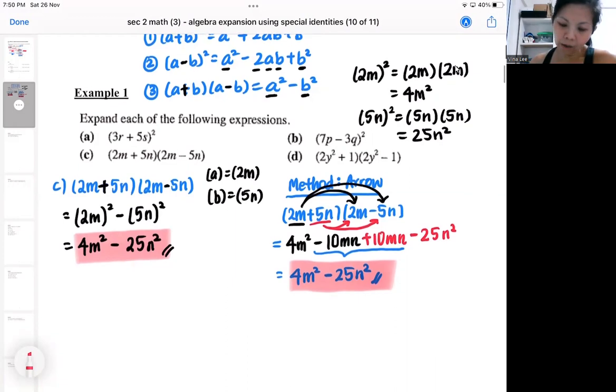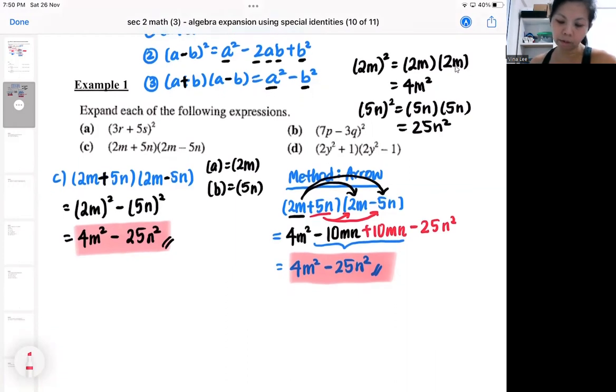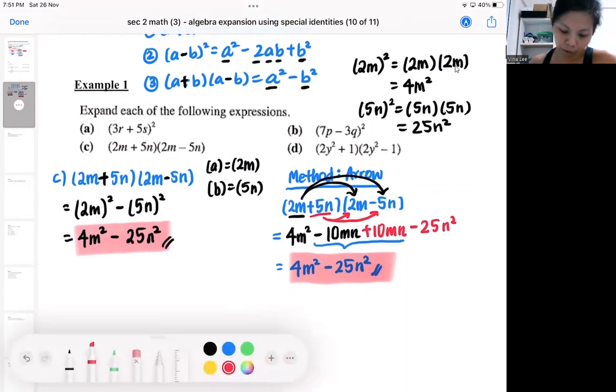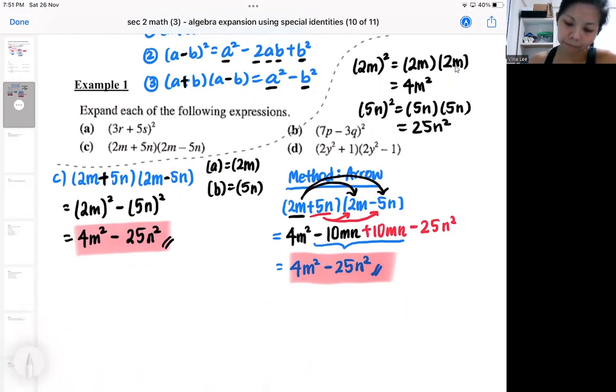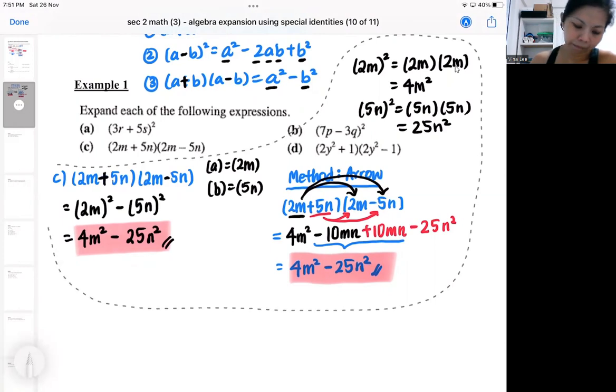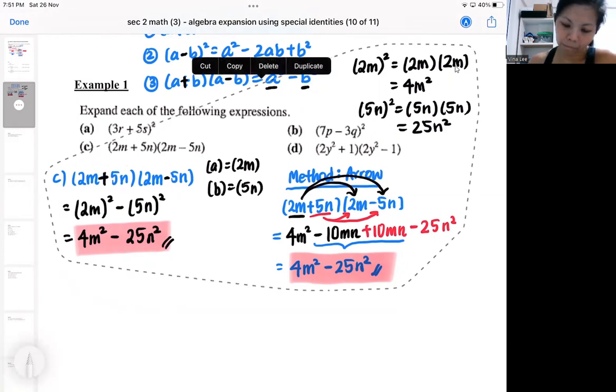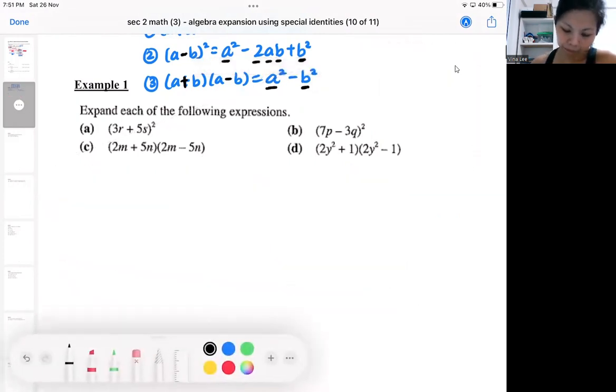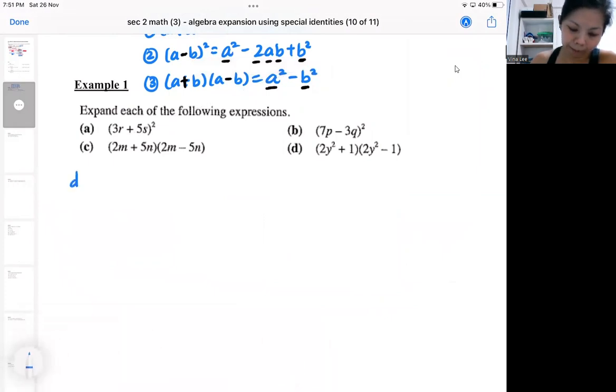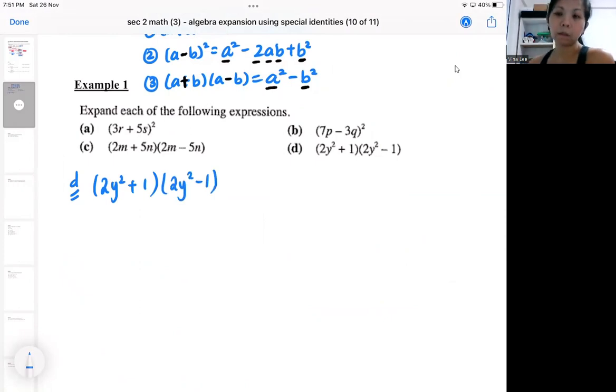So for the last one, I'm going to erase off part C. So make sure you got everything that you need first. So I'm going to go to part D. Okay, part D will still be formula number 3.